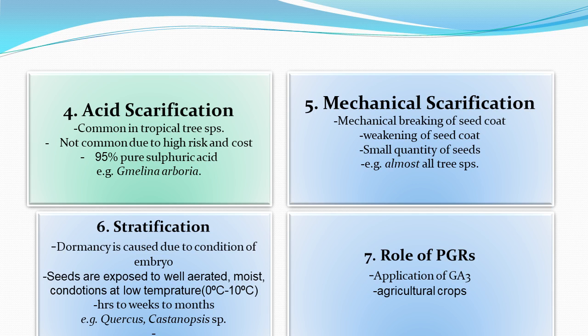The next method is mainly used for embryo-caused seed dormancy. This method is stratification, and it is mainly implemented for seed dormancy caused by the embryo.